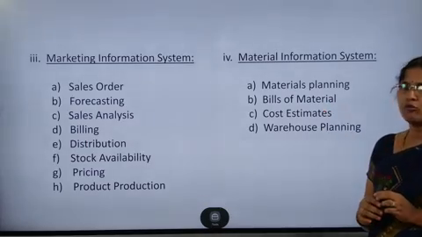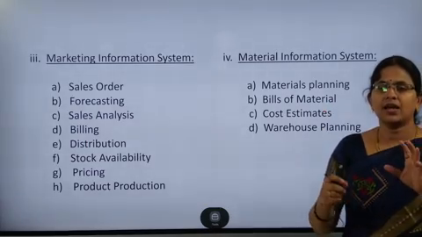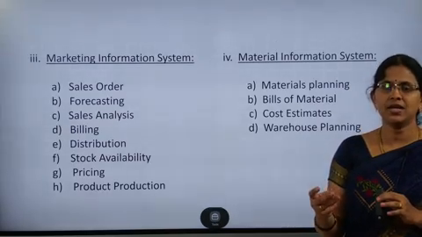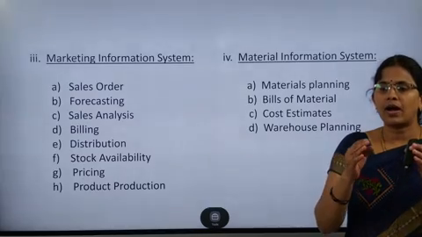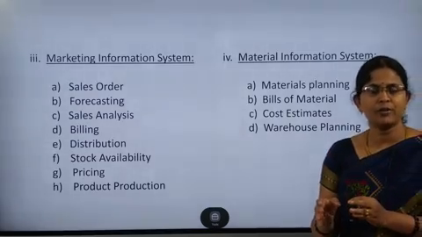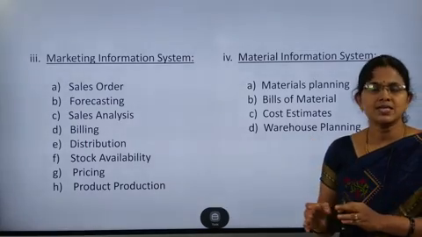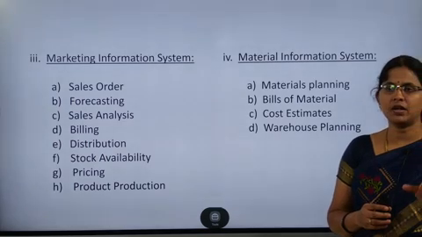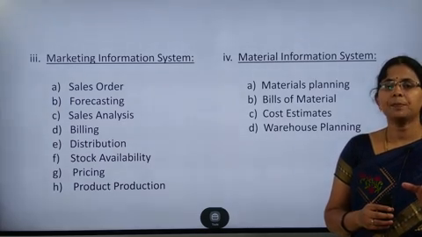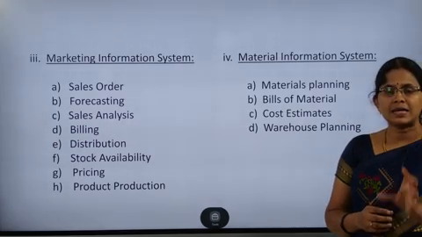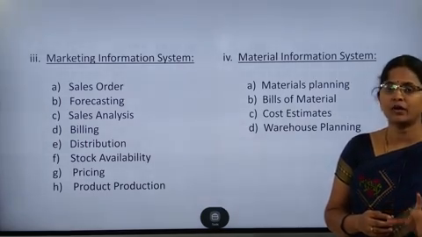Second one, bills of materials. Suppose, let's say 3 types of materials are there, A, B, C. I ordered A material, B material, and C material also. Let's say A material I ordered 1000 quantity, B material 500 quantity, and C material 1500 quantity.